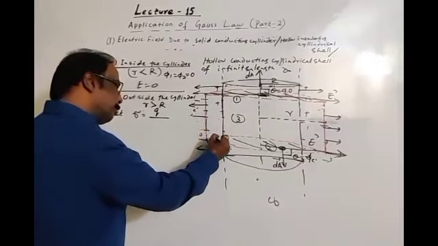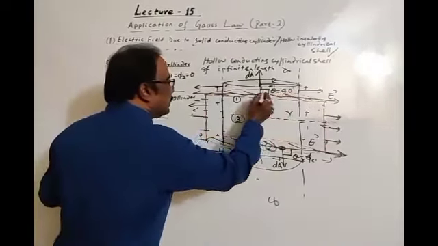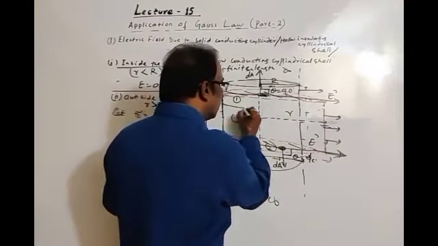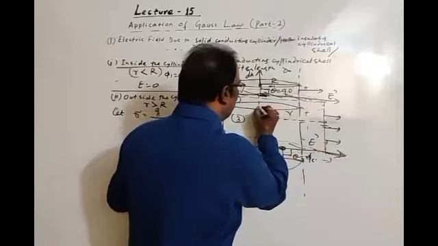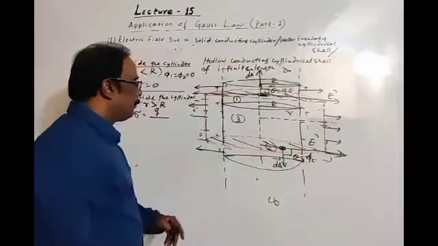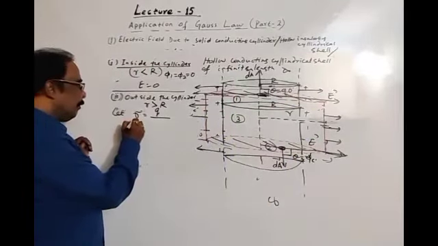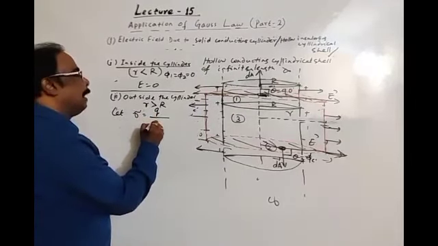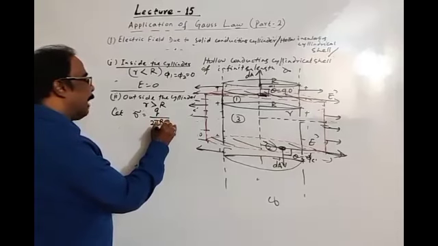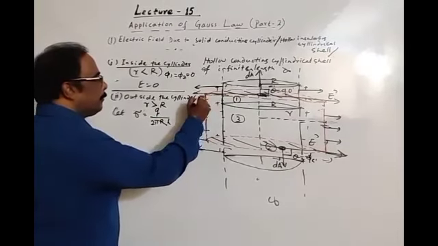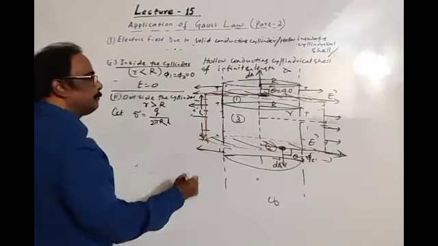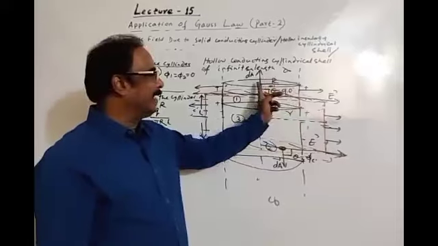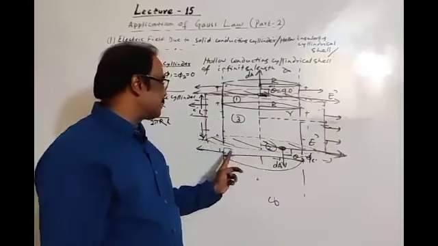This is the imaginary Gaussian surface of radius r, but the radius of this cylinder is capital R. The length we have taken is L. For the actual cylinder, the radius is capital R, on which the charge resides.